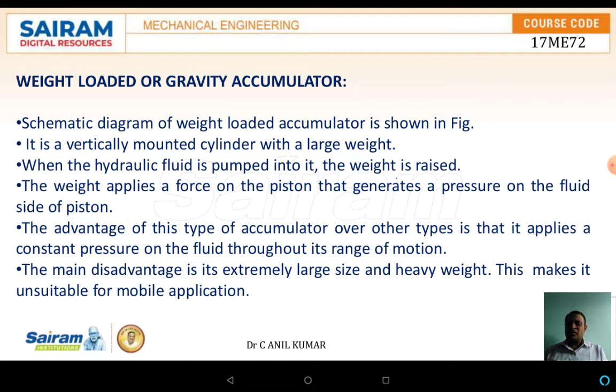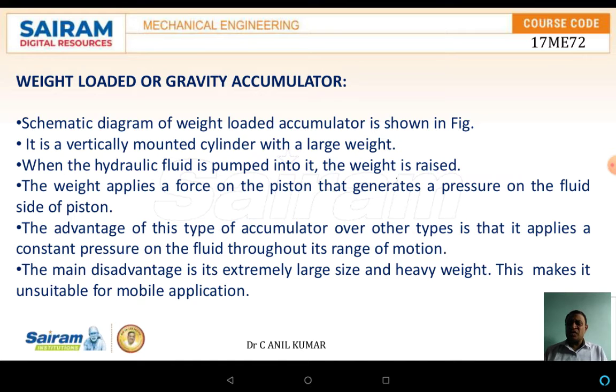The advantage of this type of accumulator is that the pressure of the fluid is constant throughout the range of motion. The main disadvantage is the extremely large size of the dead weight applied, and it is unsuitable for mobile applications.